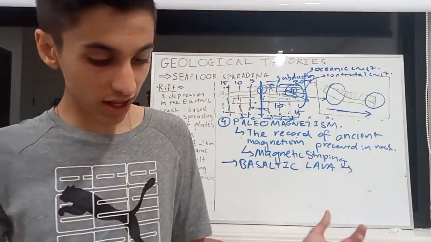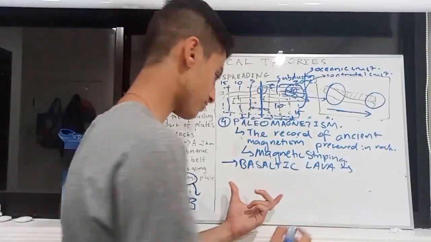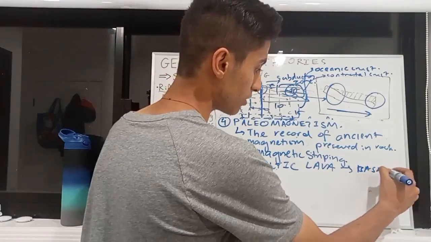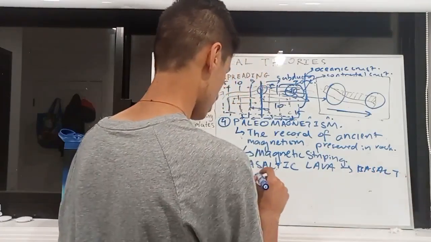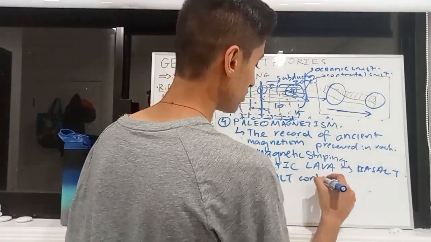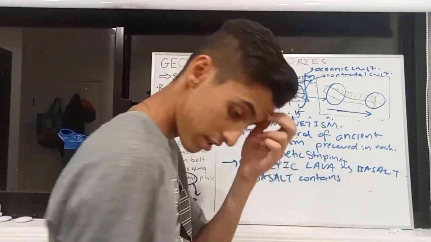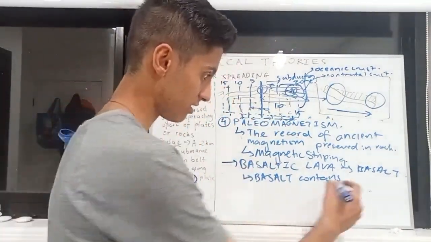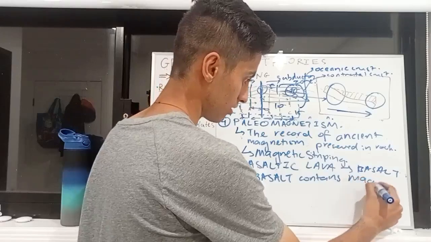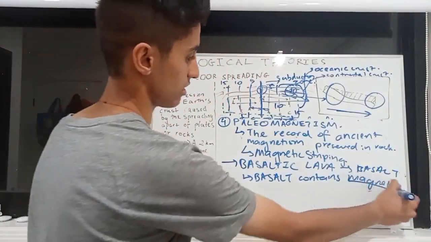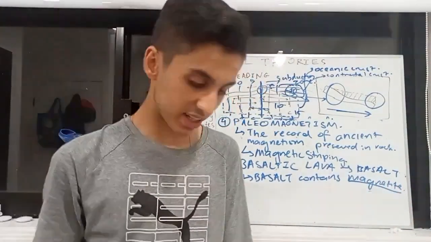And so they found that basaltic lava melts to create basalt, and they found that basalt contains something called magnetite. Now, what is this magnetite?